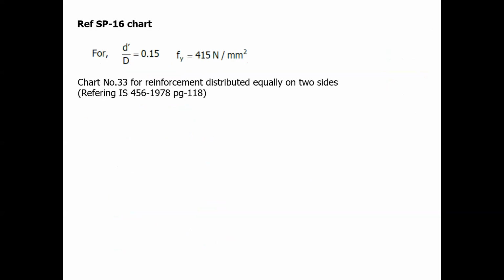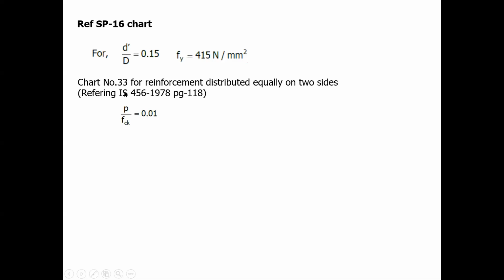Okay, take down, referring SP16 chart, page number 118, for d dash by d is equal to 0.15, Fy 415 Newton per mm square, chart number 33, for reinforcement distributed equally on two sides.